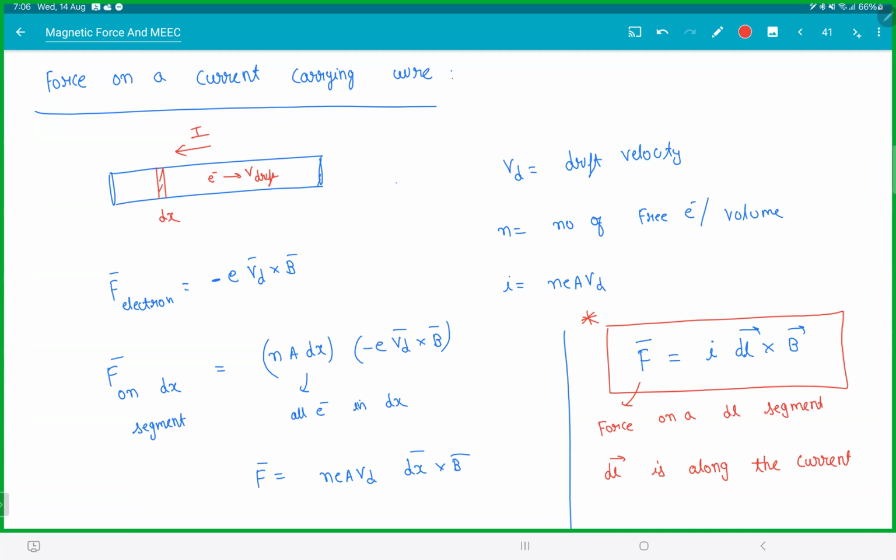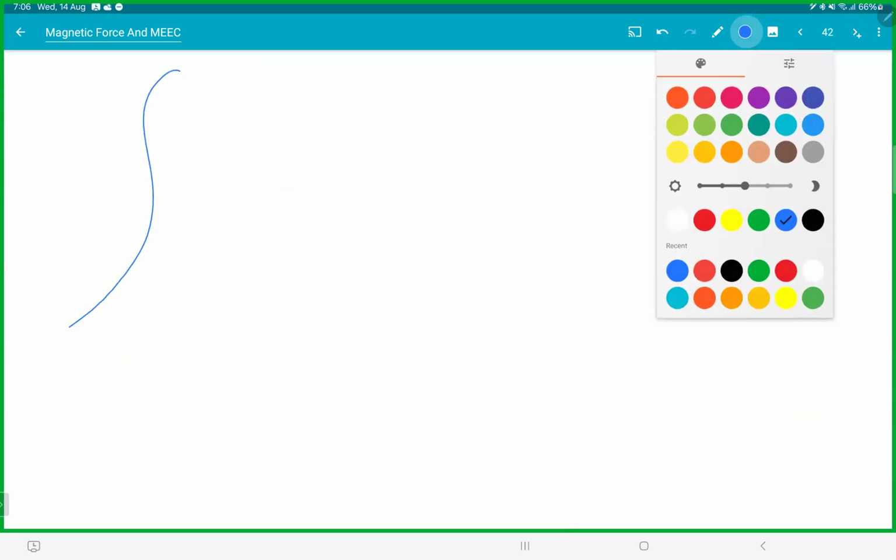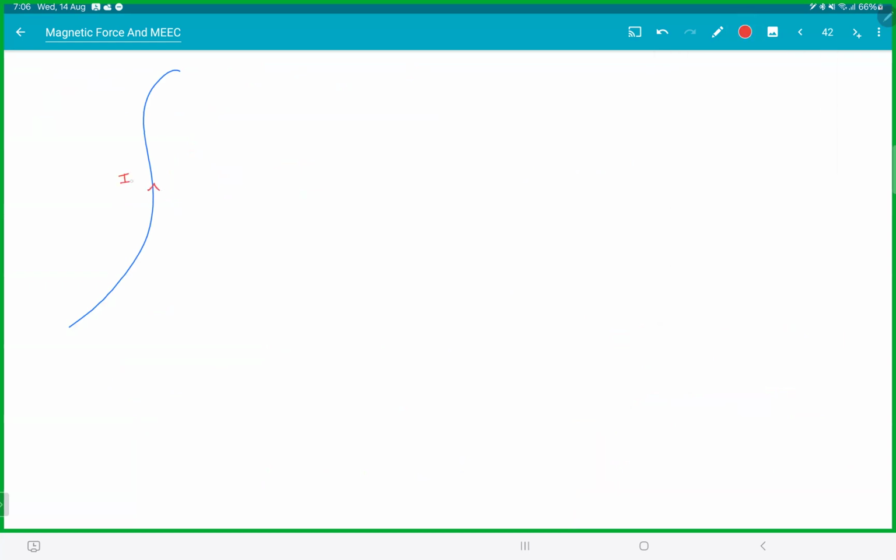So this is actually also derived from qv cross B only. Have a look at this. Clear?